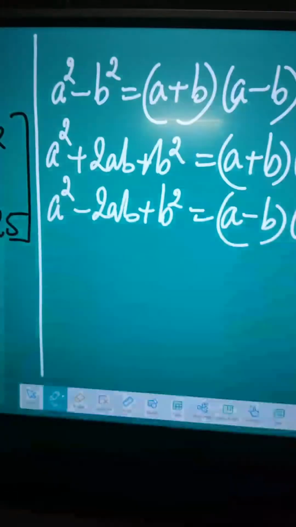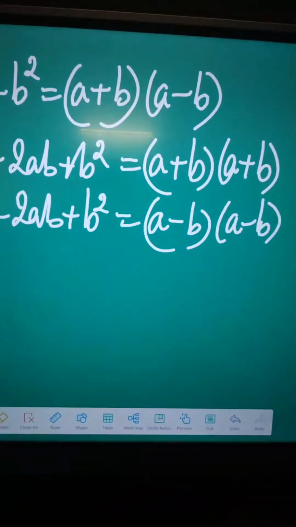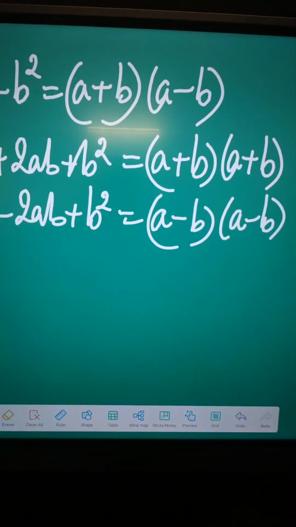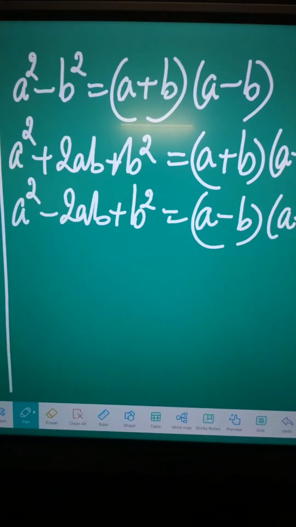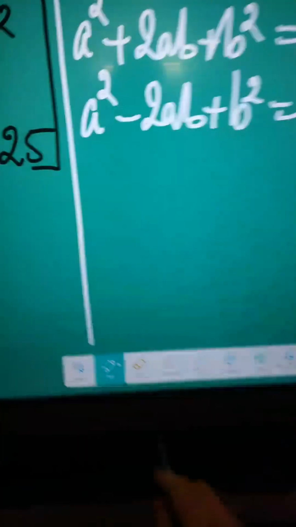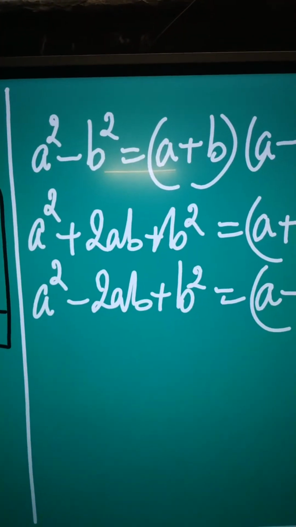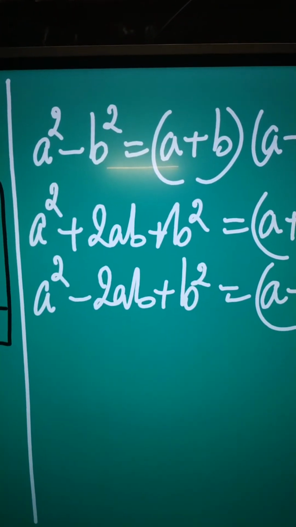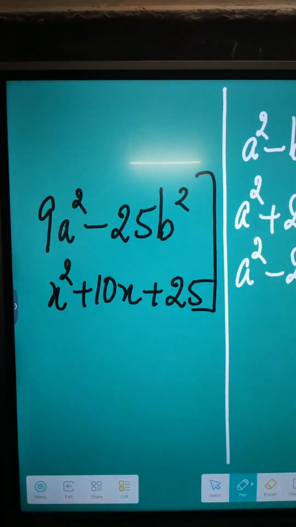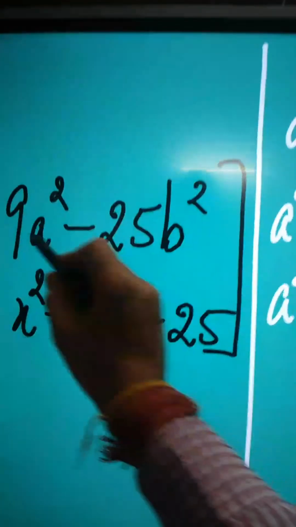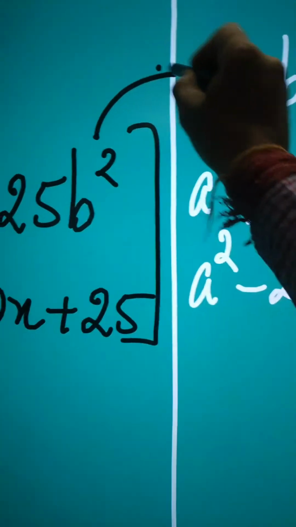Now we have to do reverse. So factorization is nothing, it is the opposite of multiplication. So we have to select from this which formula will be used. So see the formula which matches with your question. A square plus 2ab plus b square, a square minus 2ab. So the first question matches which formula? There are only two terms, and in this also there are only two terms.